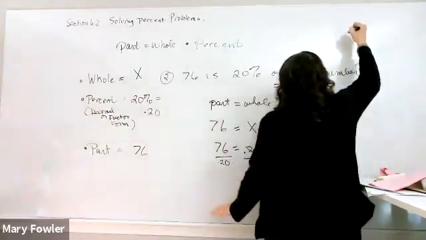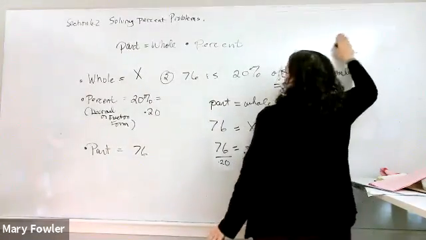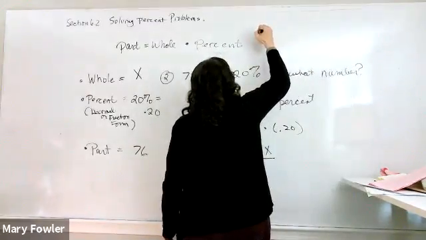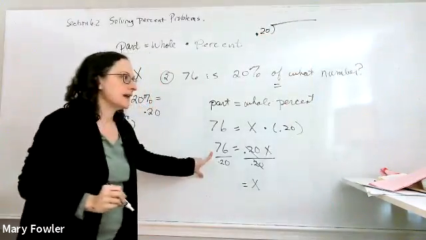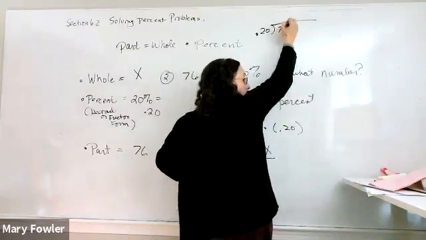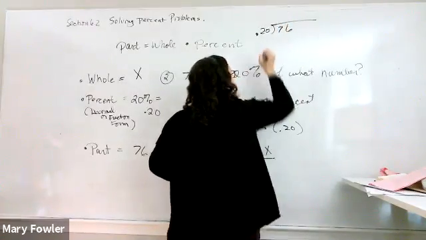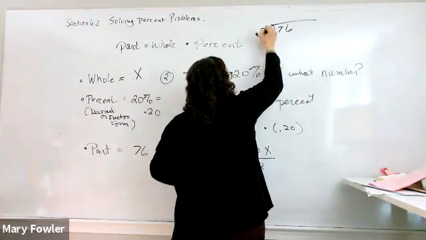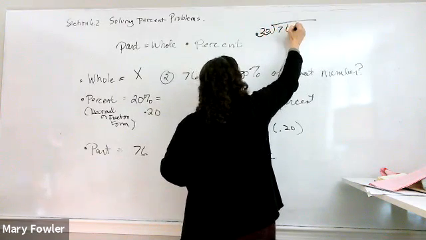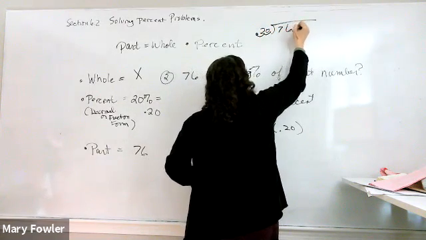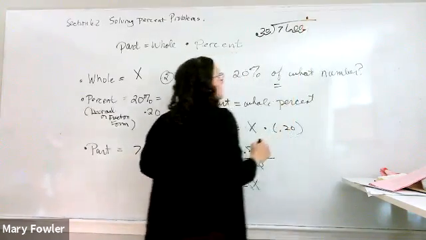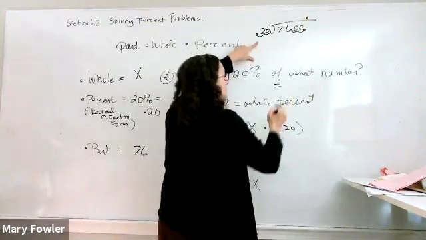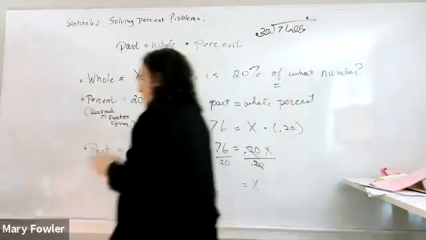So it's 0.20 into 76. Okay, so I want to move my decimal point twice to the right. All right, so it's 20. I'll rewrite that just so it's cleaner.